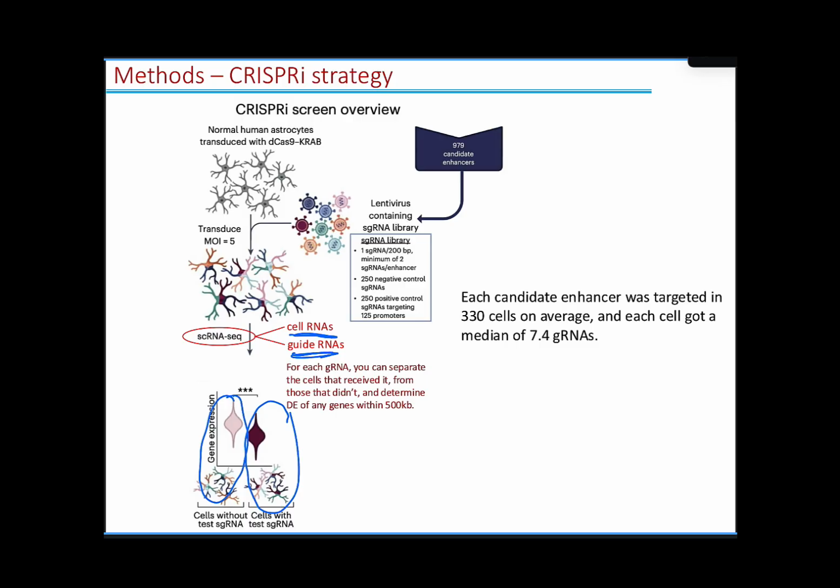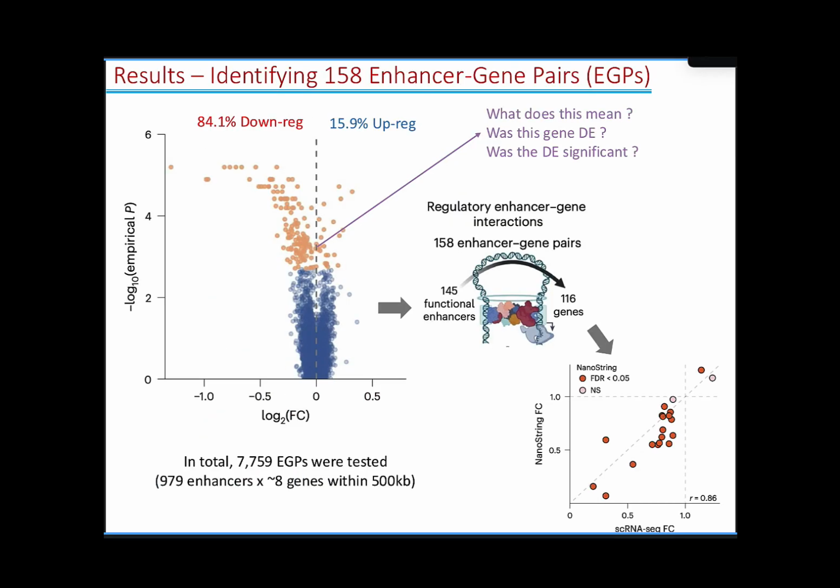So in time, hopefully, you'll be able to say, look, in all of the cells where I inhibited enhancer 52, this happened to the expression of this gene. Check it out, in all of the cells where I inhibited enhancer 138, this happened to the expression of gene Z, and so forth.